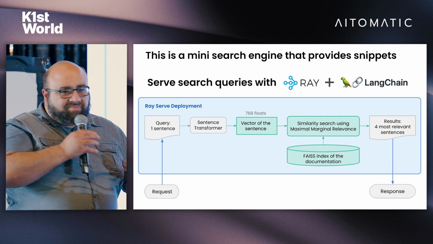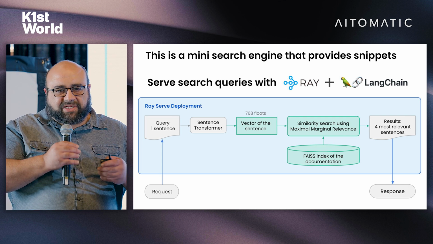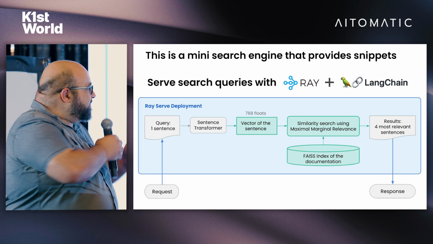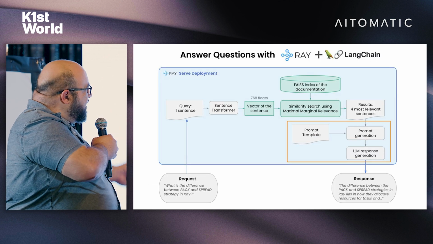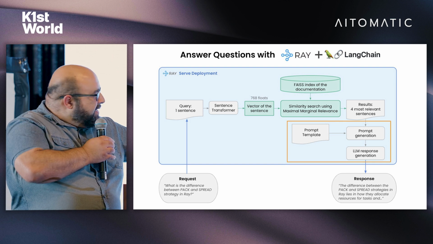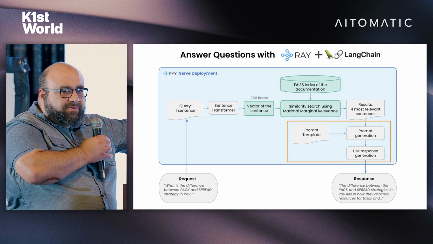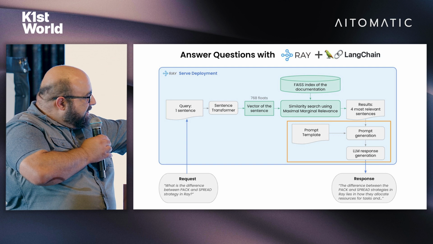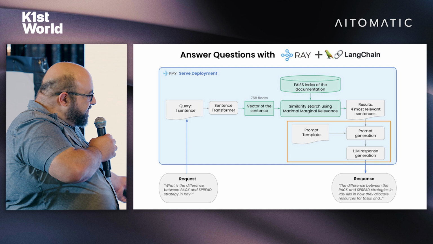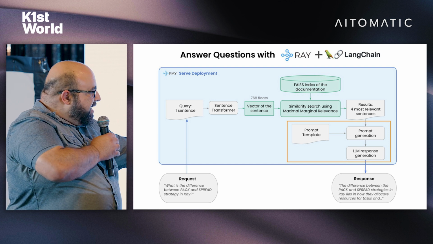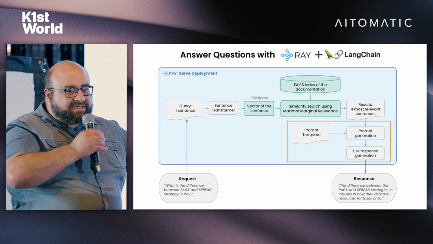So that would be like a mini search engine that we built using semantic indexing. Now all you do is you take that flow and you stick this little bit at the end that takes the output from the search engine, generates a prompt, and gives you the response. So for example, the question is, what's the difference between these 2 features of Ray? It will then give you text, but the text didn't come from nowhere.